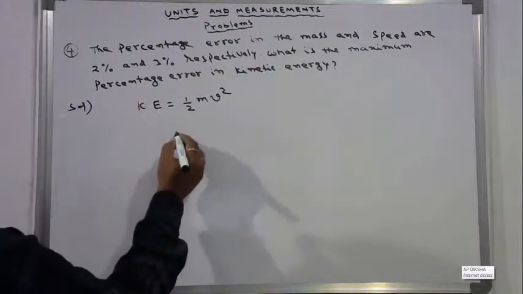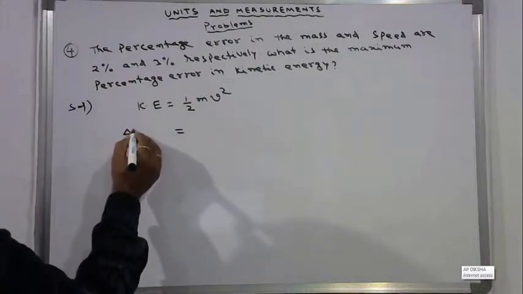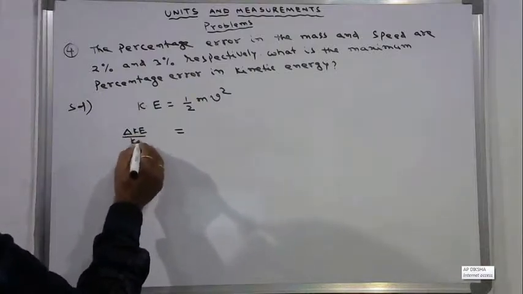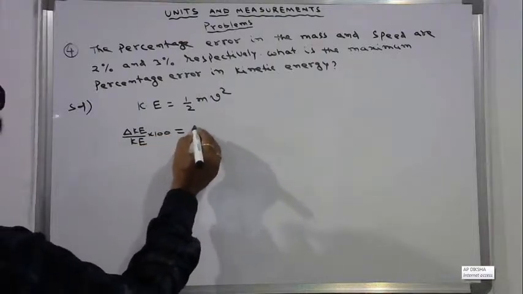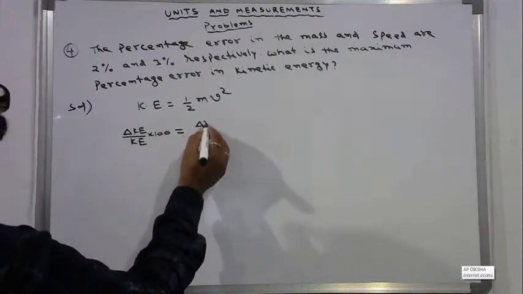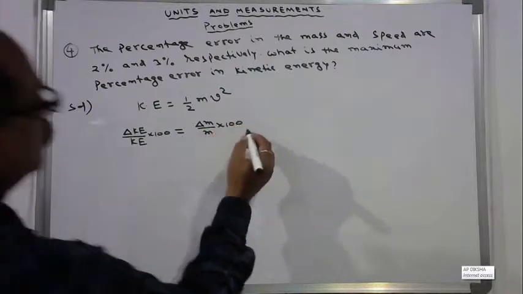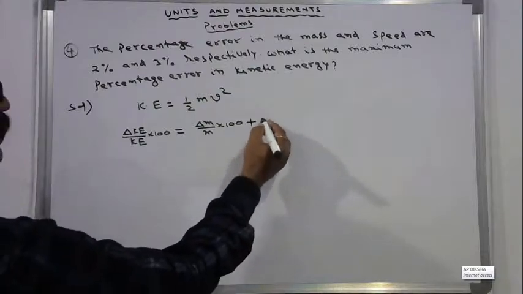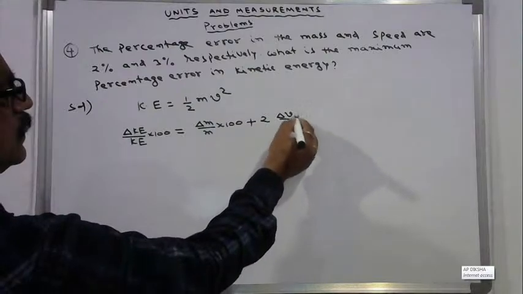So delta KE by KE into 100 is equal to delta m by m into 100 plus 2 into delta V by V into 100.